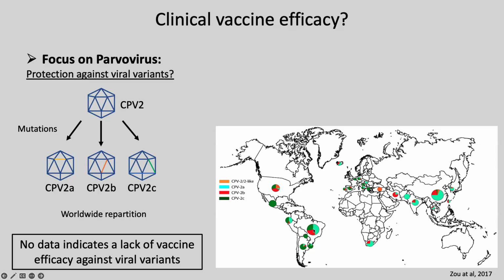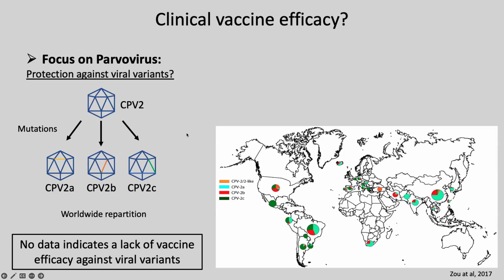If you look there, you can see that all around the world, we have the three CPV variants present. And the question is, are the current vaccines still efficient against those variants? The answer is clearly yes. At the day I am speaking, no data indicates a lack of vaccine efficacy against the three viral variants.